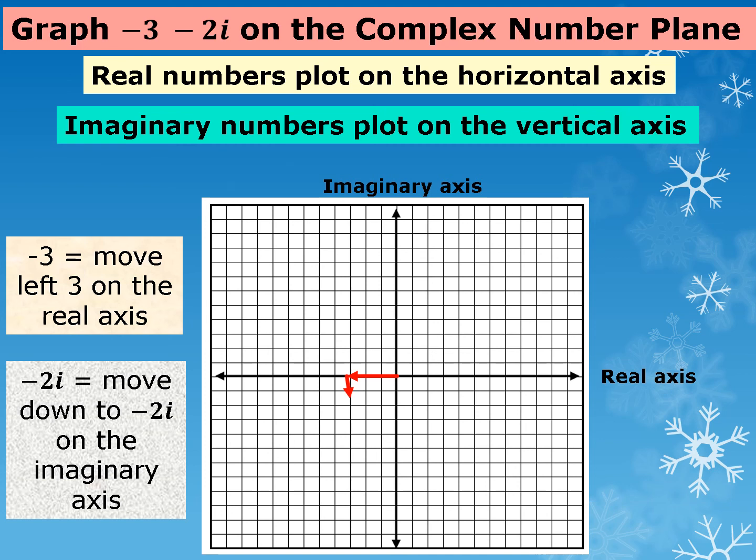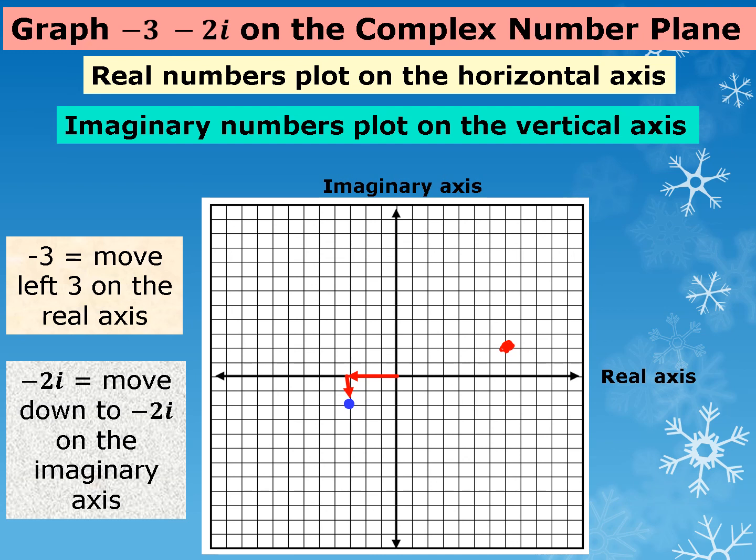So you can, in a way, think about it like a coordinate point. Negative 3 minus 2i. I go left 3 and then down 2. And that's how I get my point. Now, if I gave you another point, let's say right up here, and I said, okay, what's the complex number that represents that point?